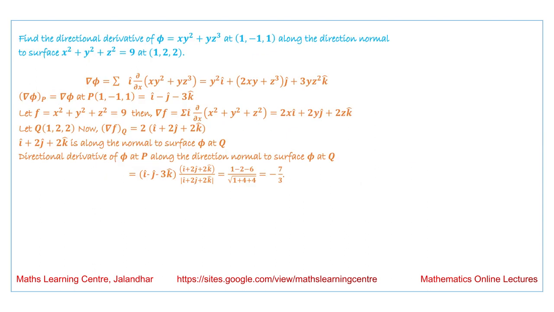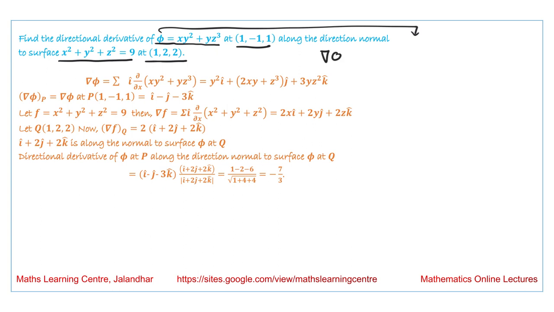Now next we have to find the directional derivative of the function phi equal to xy square plus yz cube at the point (1, minus 1, 1) along the direction normal to the surface at the point (1, 2, 2). So to find the directional derivative, we calculate the gradient of this function phi.